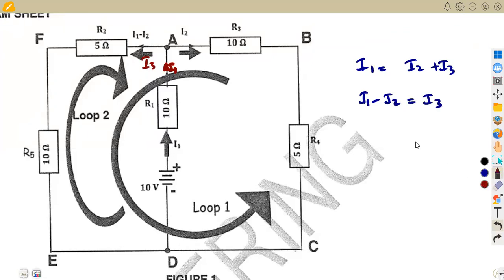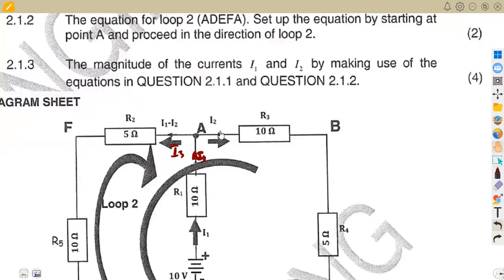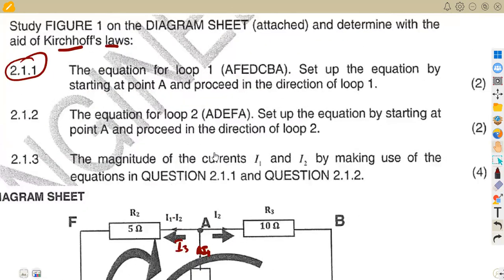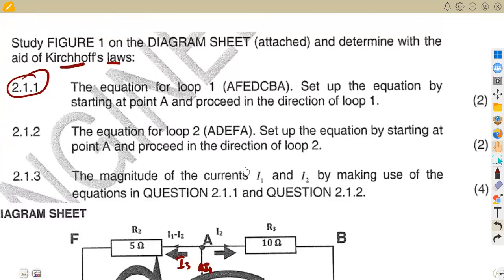That is the formula for current 1 minus current 2. So simply a change of subject happened. We write it in terms of I1 and I2 so that when solving your equations, you are dealing with two unknown values, not three.